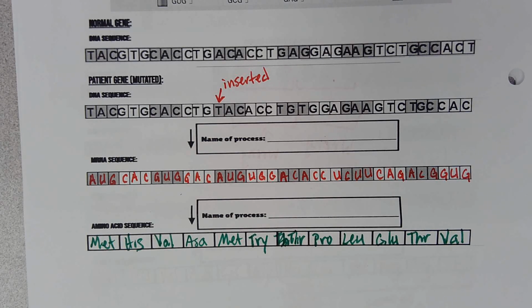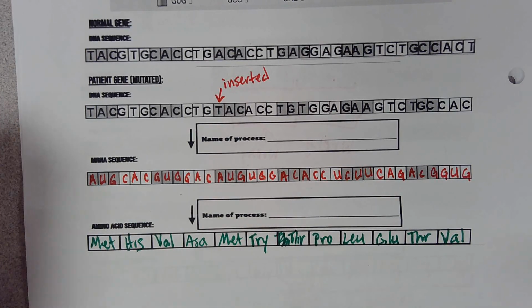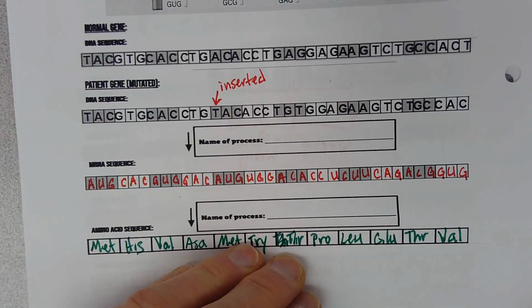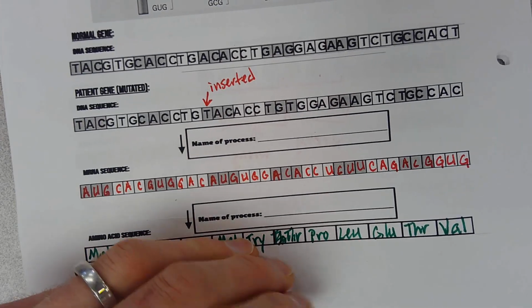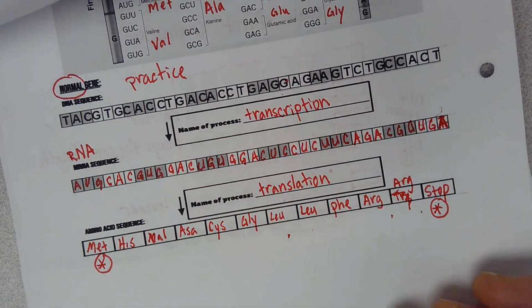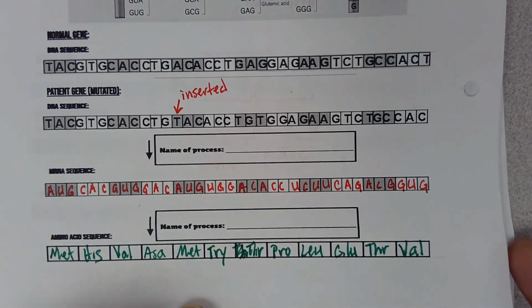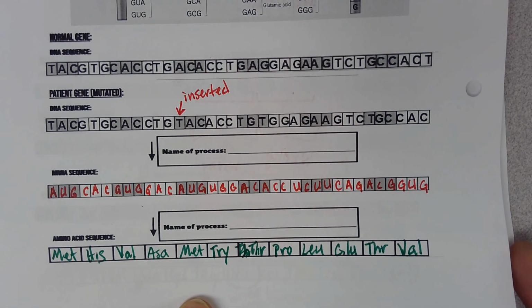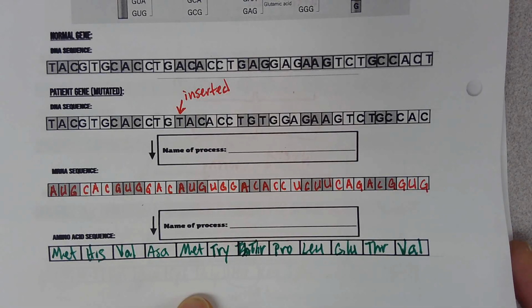Really fast, and I know that. It's a whole bunch of nonsense letters if you don't know the names of the amino acids. Okay, so what I want you to do now is go ahead, look back to the normal gene. See if you can find which amino acids now are wrong.